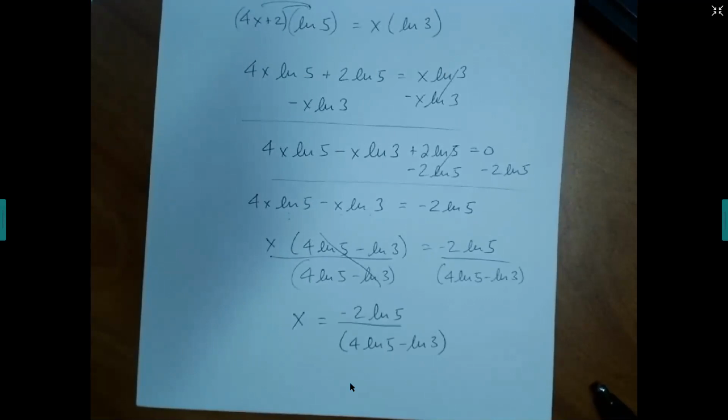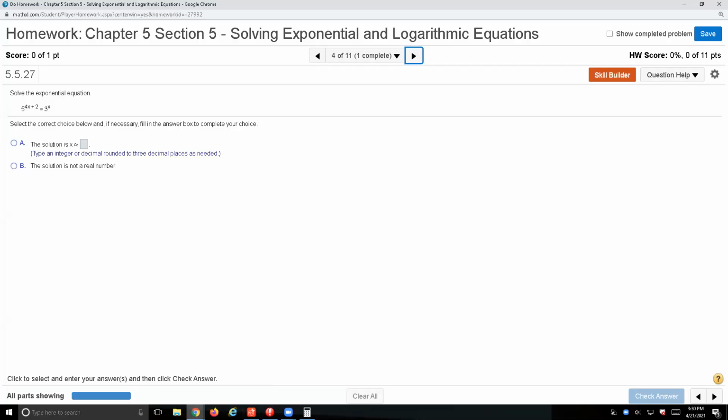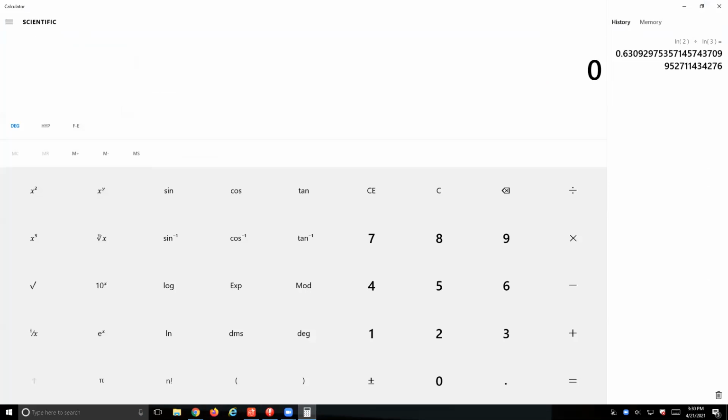Let's see what that's going to equal. My calculator.